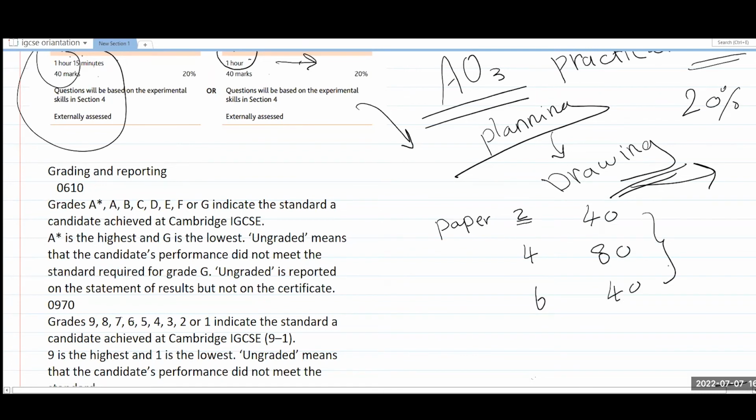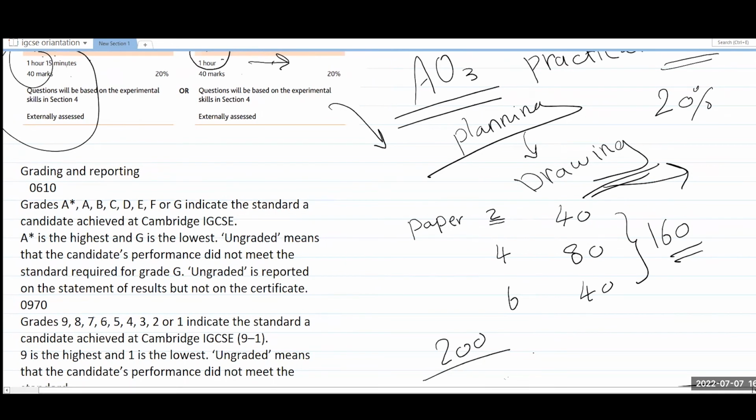So the total of these is 160. After doing the curve, the uniform mark will be over 200. So your marks in the curve to get a star will be over 200.